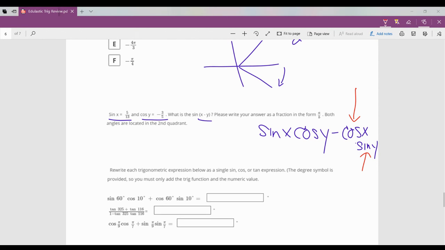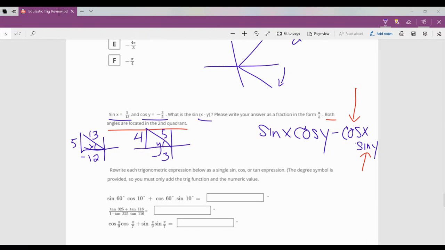Okay, so both angles are located in the second quadrant. That's why they tell me this. So I'm going to do 2 of these, second quadrant. One of them is angle y, one of them is angle x. So I'll let that one be x. This one is y. So cosine is adjacent over hypotenuse. This is going to be 4. And then sine is opposite over hypotenuse. This is going to be 12, negative 12, because it's in the second quadrant.